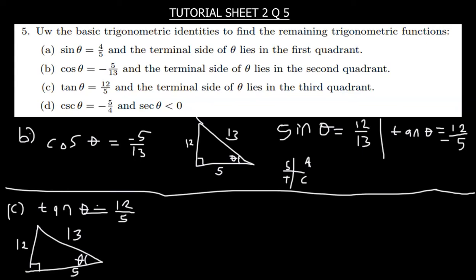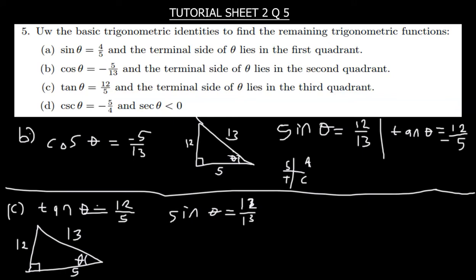So the first trig ratio that we're going to find is for sine. Sine is opposite over hypotenuse. So the opposite to this angle is 12, over 13, which is the hypotenuse. 12 over 13.